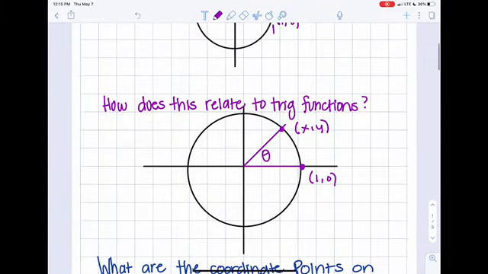So each of these dots is made up of an X and Y, and they are also considered (cosine theta, sine theta). Okay. So the x-axis represents cosine theta. The y-axis represents sine theta. And the tangent theta, we'll get into that in this lesson. But for now, this is where this comes into play.